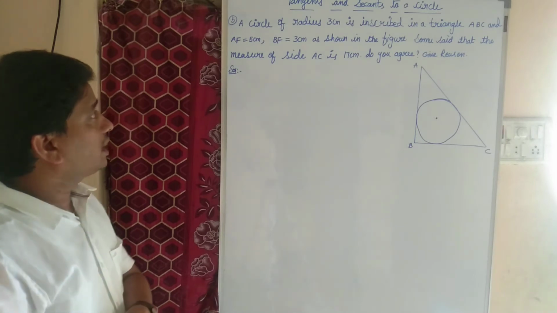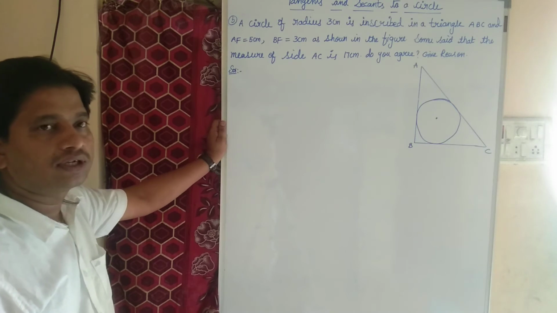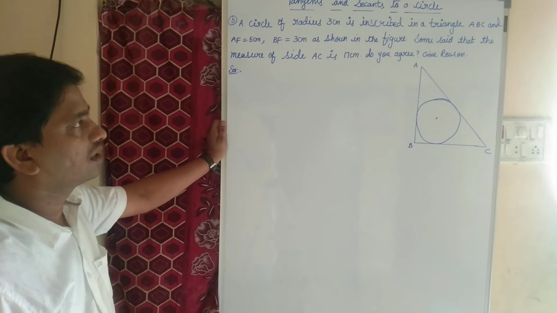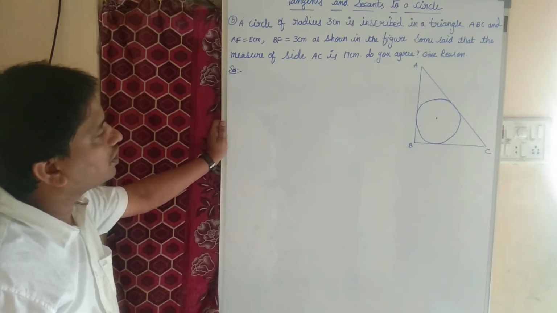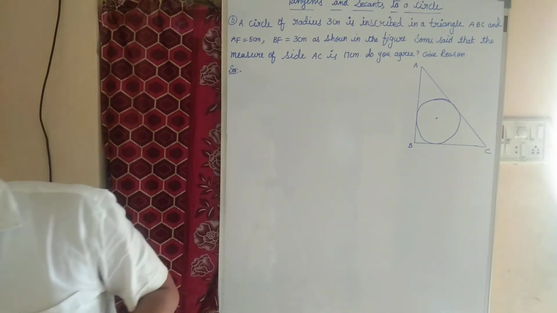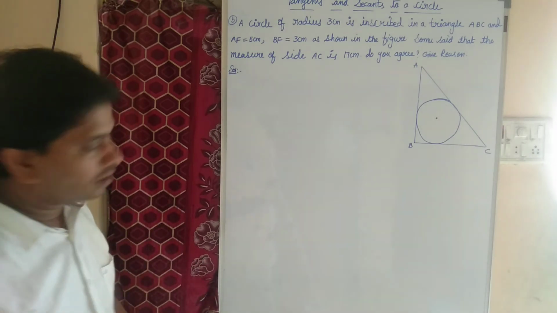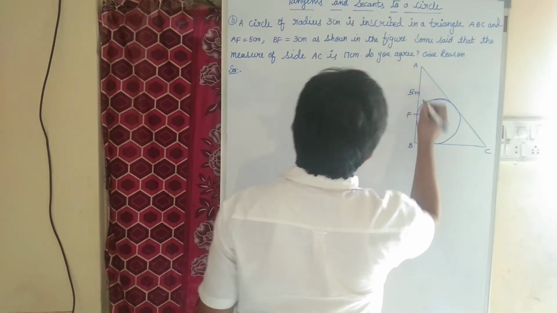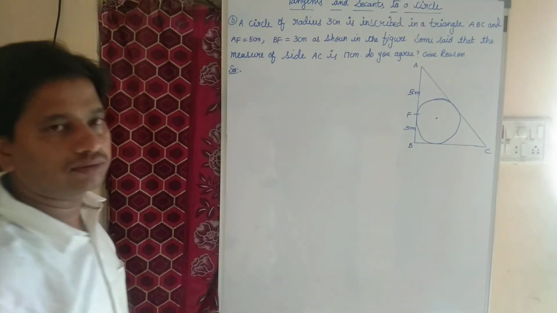Now coming to question number 5. A circle of radius 3 centimeter is inscribed in a triangle ABC, and AF equal to 5 centimeter, BF equal to 3 centimeter, as shown in the figure.